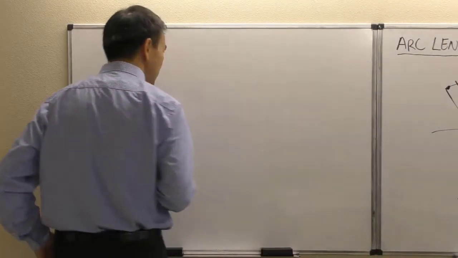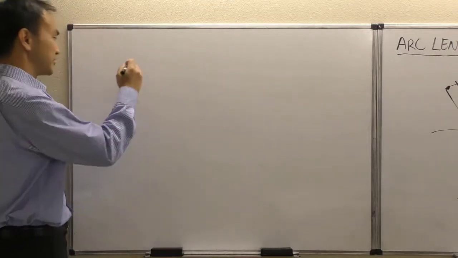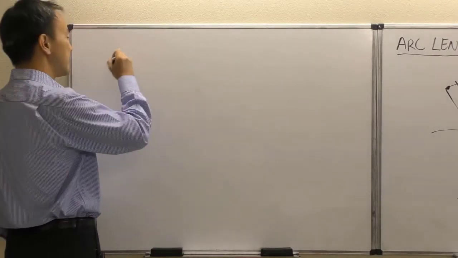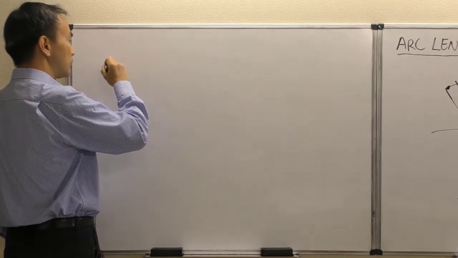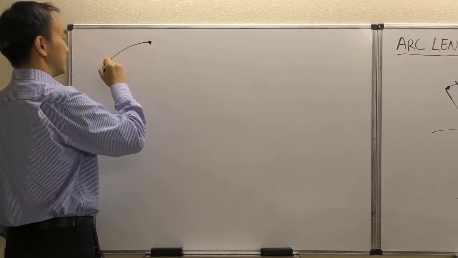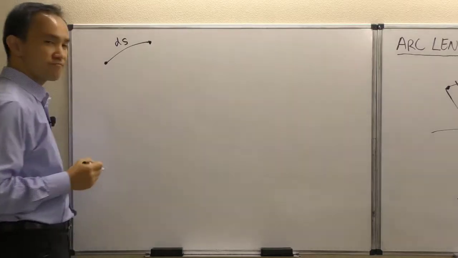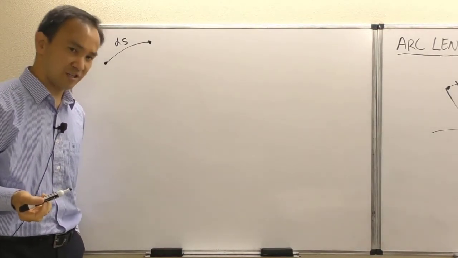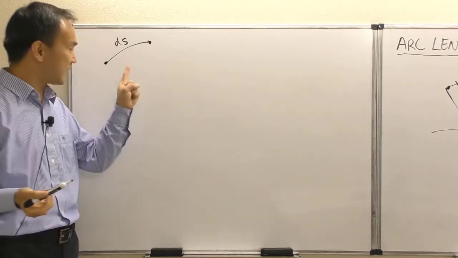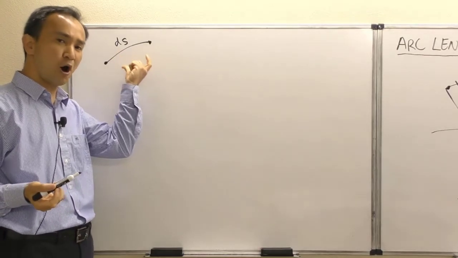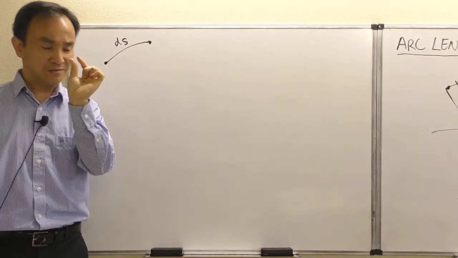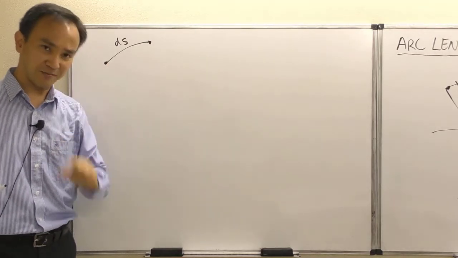So now let's look at the ds a little closer. I brought this up earlier. The ds is really meant to be a very small subsection. Okay, so this is a ds. It could be curved, or it could be straight. But the idea now is to pretend that this small subsection is an infinitesimally small subsegment of the curve that we're looking at.